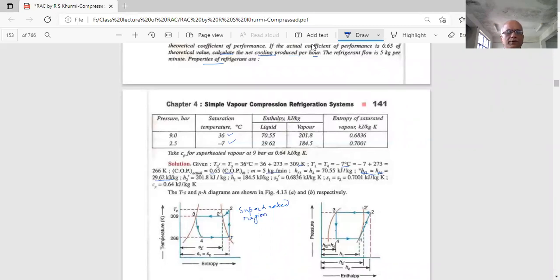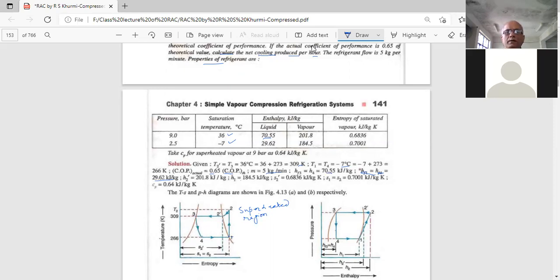So hf3 is equal to hf4, as seen in the enthalpy chart. hf3 is on the saturated liquid line, and it is given as the enthalpy of the liquid at the high temperature of 36 degrees centigrade, which is equal to 70.55.